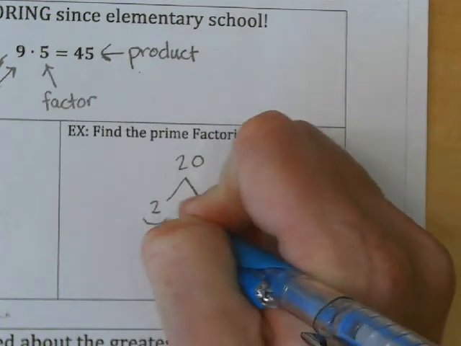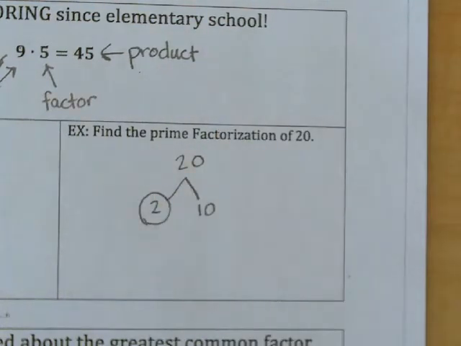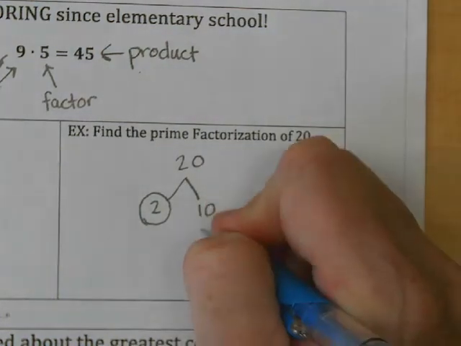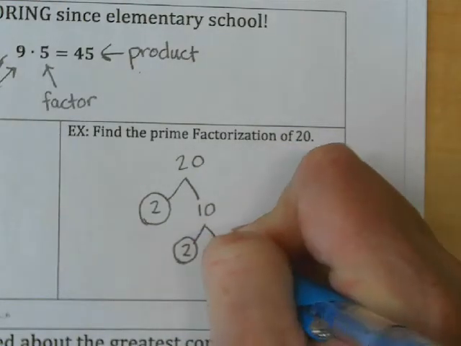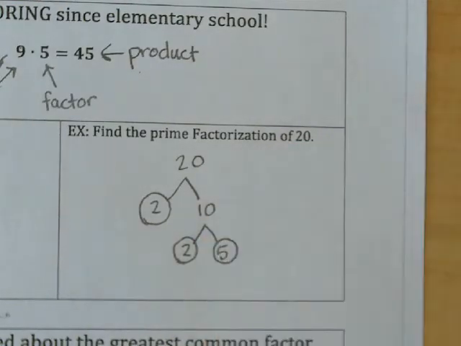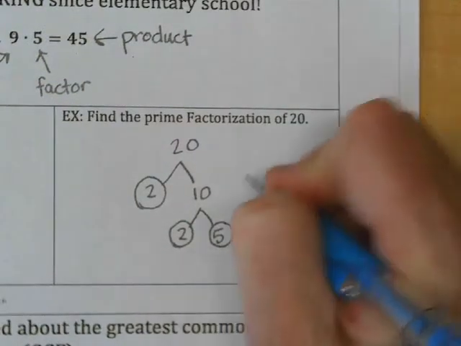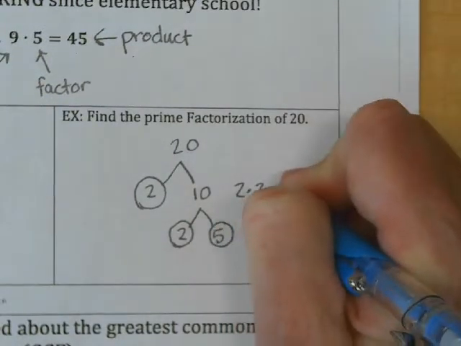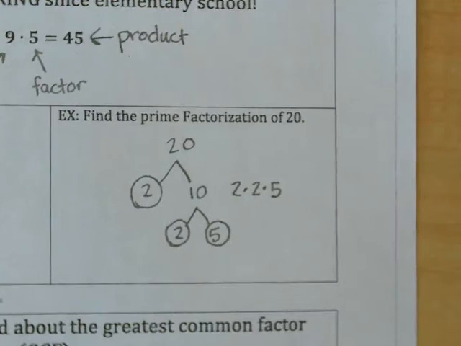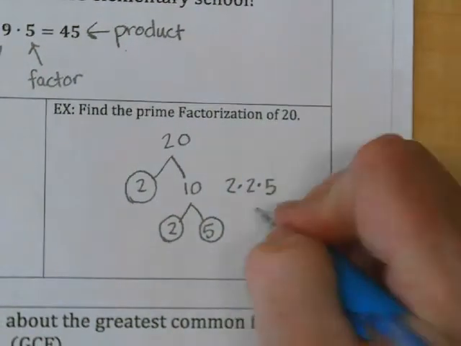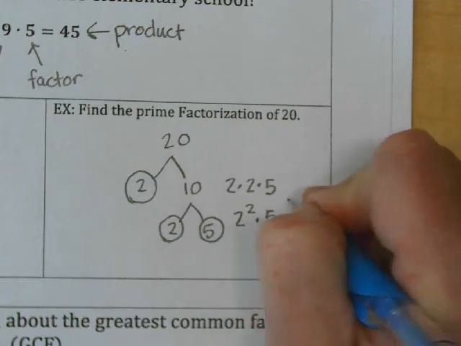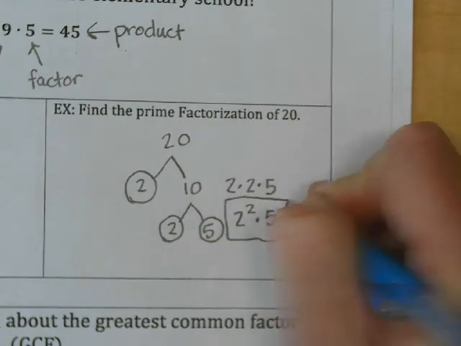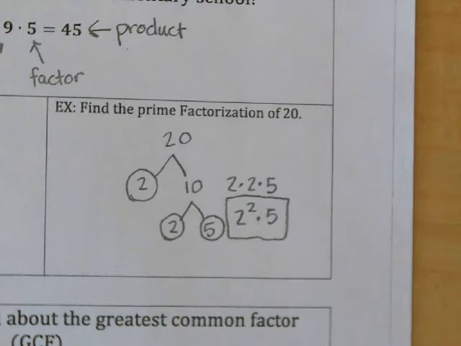It depends on how your teacher did it. You might have circled the 2 to say that's prime. And then we said, well, we can break down 10 as well, and then we would have written 2 times 2 times 5. And then in 5th grade, big time, we said 2 squared times 5. Okay, so that is the prime factorization of 20.